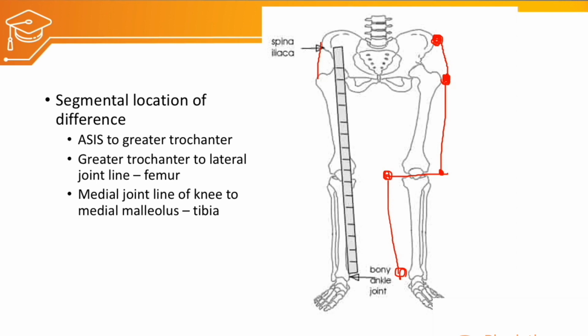From ASIS to GT, we can predict the length problem at the neck of the femur or in the pelvis bone. In the second segmental measurement, we will see the length of the femur bone and compare with the opposite side. In the third segmental measurement, we will be comparing the length of the tibia with the opposite side.